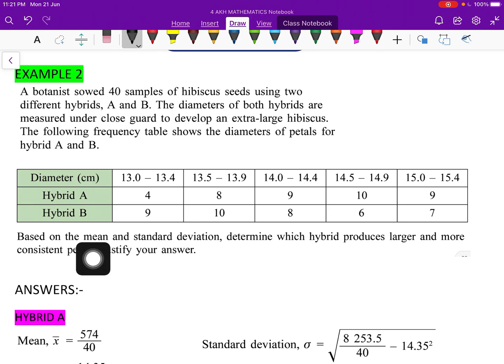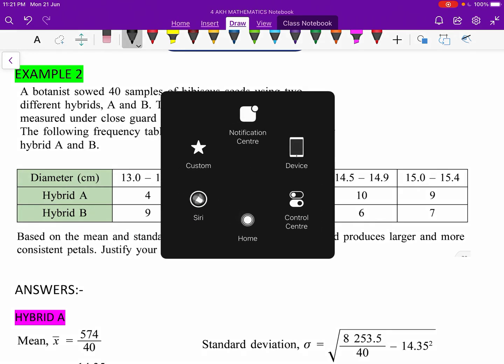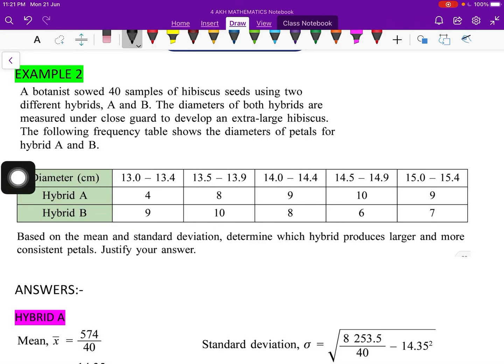So we have to calculate mean and standard deviation each for hybrid A and hybrid B. So hopefully from our last class, we did this, how to measure mean. So mean should be the sum of frequency times x, this is referring to midpoint, midpoint of each class divided by sum of frequency.